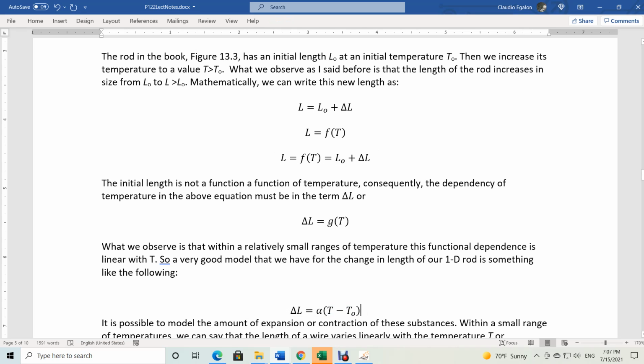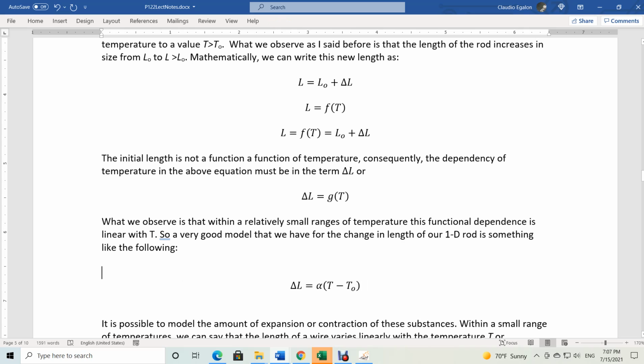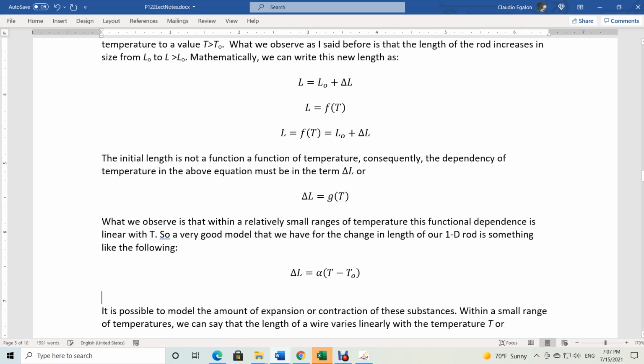We also find out that the longer the rod is, the greater the change in length we get. So it's not just alpha delta T, but alpha delta T times L naught. We have a linear dependence on the temperature, and this term here is a constant.